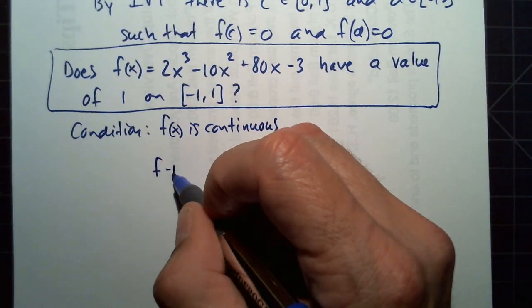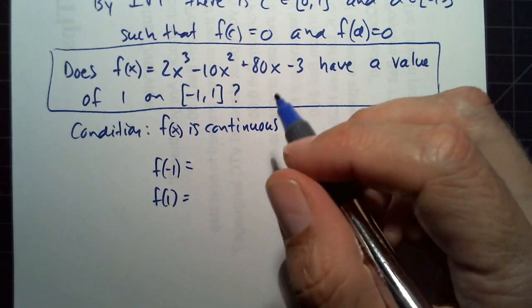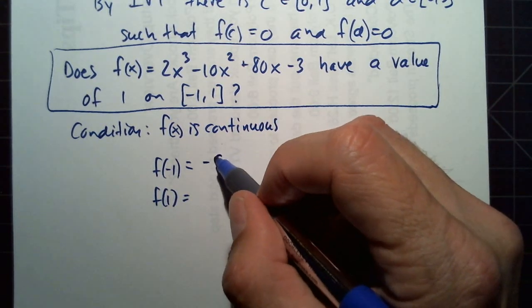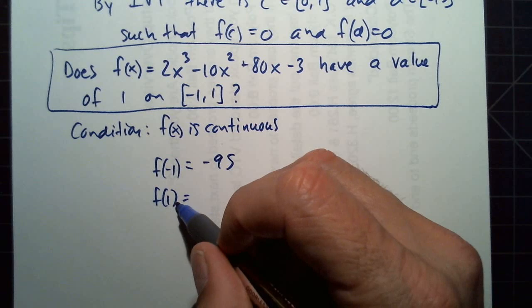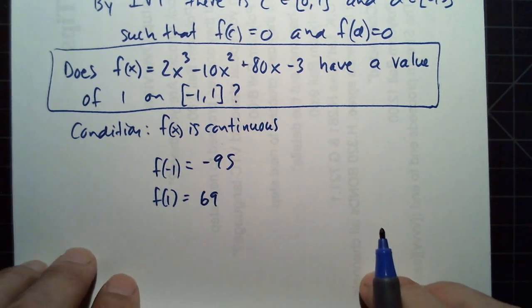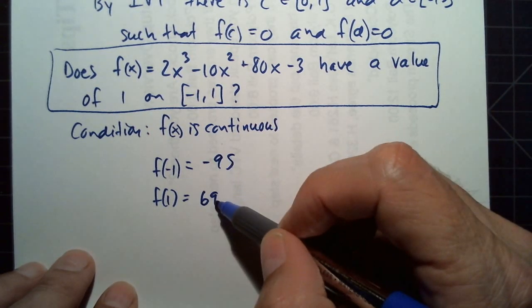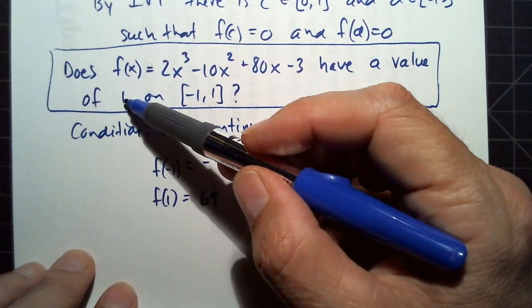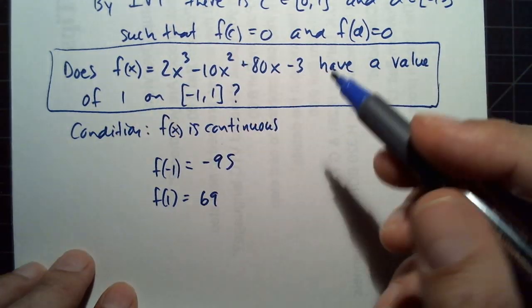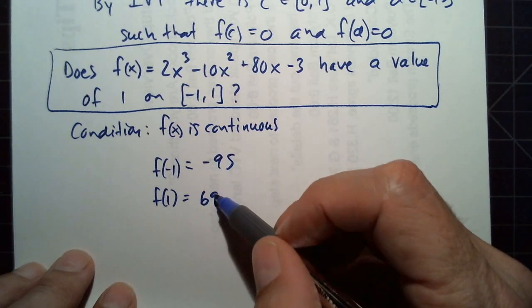And then we're going to check f of negative 1 and f of 1. F of negative 1 is negative 95. F of 1 is 69. So if we start at negative 95 and go to positive 69, do we have to cross the y value of 1? Yes, 1 is between these two values.